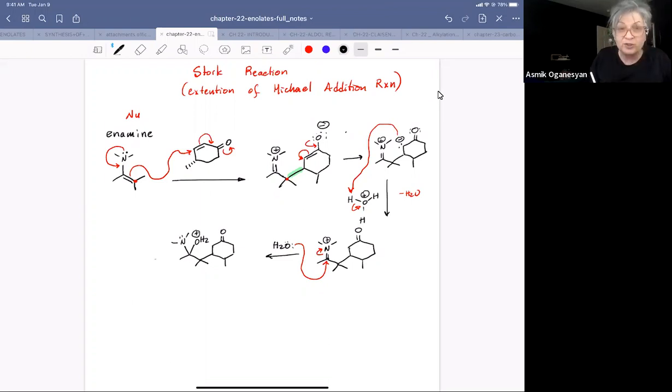Oxygen carries a positive charge. We're going to perform a quick proton shift. The proton will move from the oxygen onto the nitrogen. Making this group a good leaving group. We will be ready to kick it out.